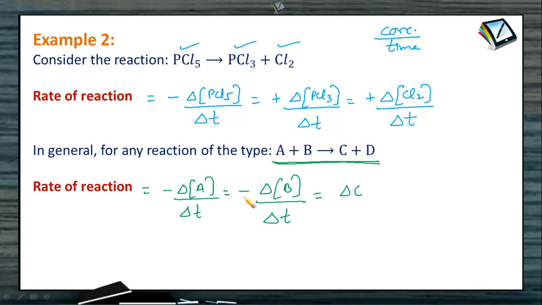It's compulsory to write the negative sign in front of the reactants, and it is not compulsory to write the positive sign. Whether we write the positive sign or not, it always indicates that concentration of product is increasing with the time. So delta C upon delta T is equal to delta D upon delta T. Is it clear? Yes.